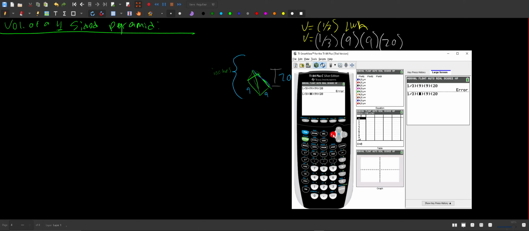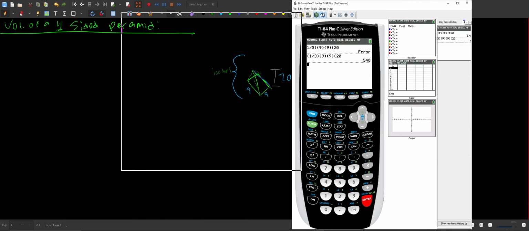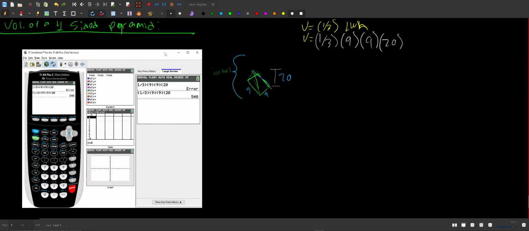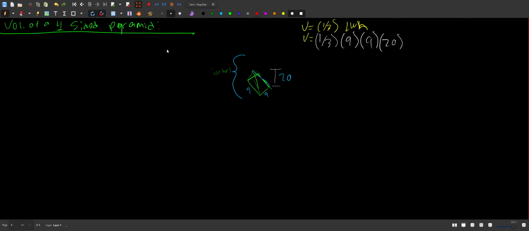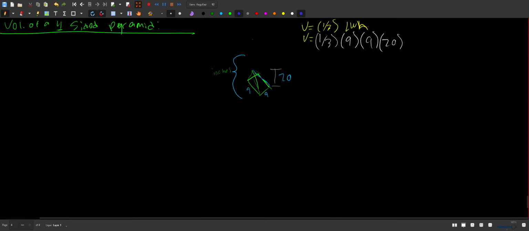Okay, there we go. So the volume of our four-sided pyramid is 540.